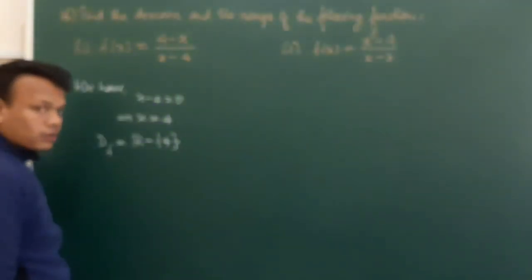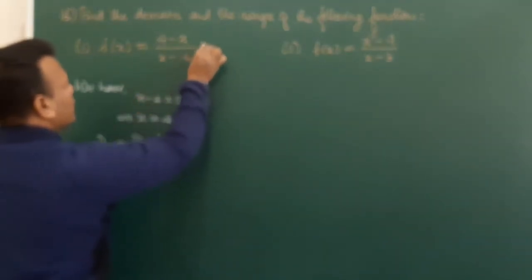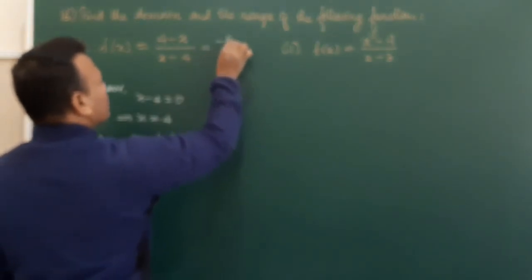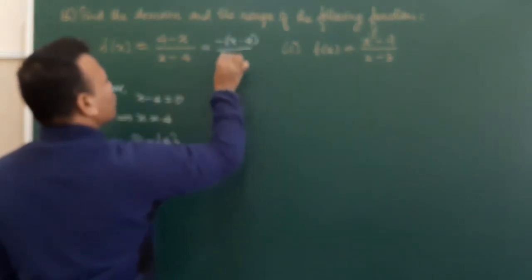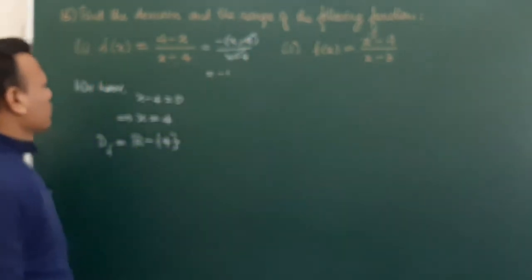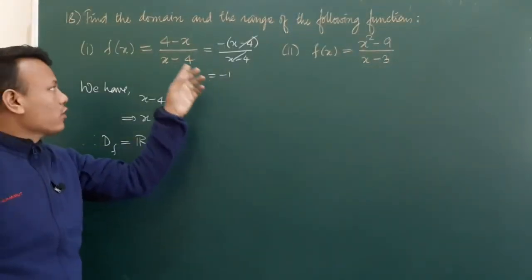Now for finding the range, here we have a pattern if you see. If you take minus common, then this becomes minus (x minus 4) divided by (x minus 4). These two get cancelled and I get minus 1. So f(x) takes the value minus 1 for whatever value of x.